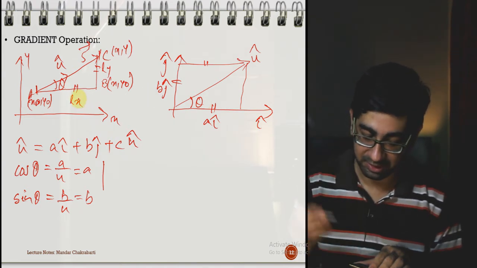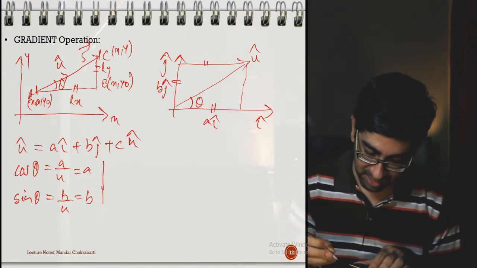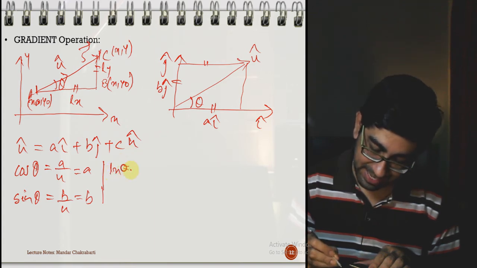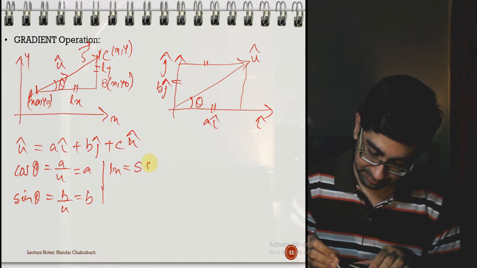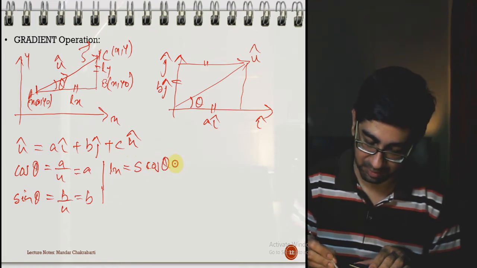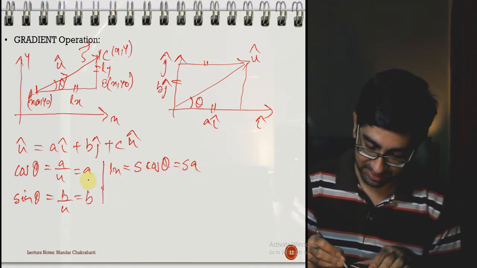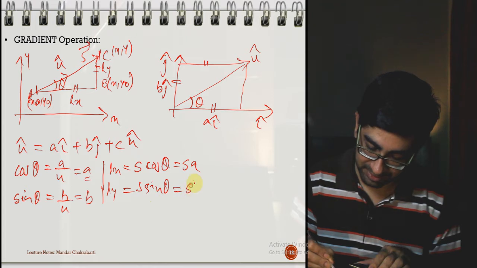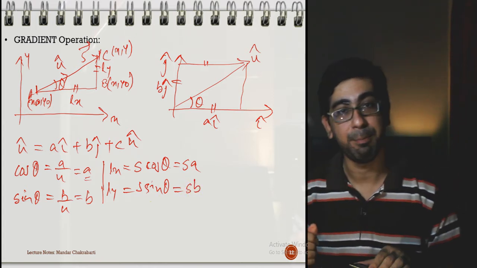Apply the same logic here, and I can write Lx is s cos theta. So essentially it is s a, and Ly is s sin theta. So essentially that is s b.